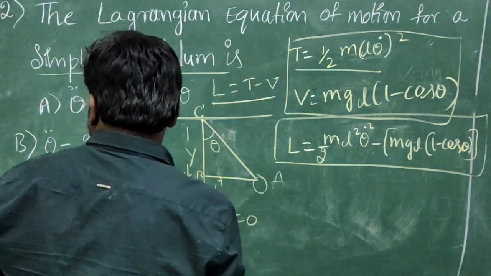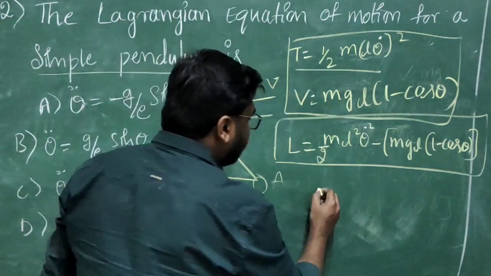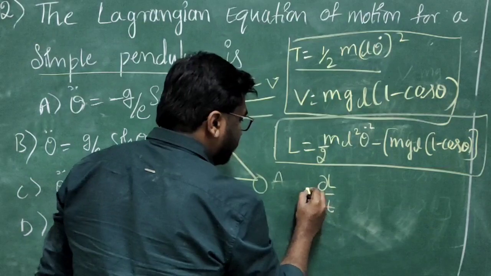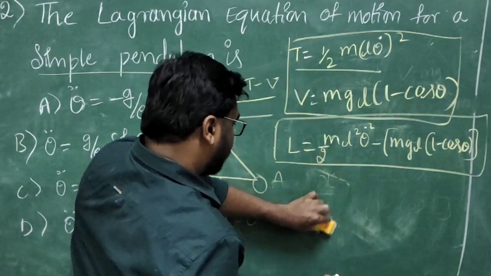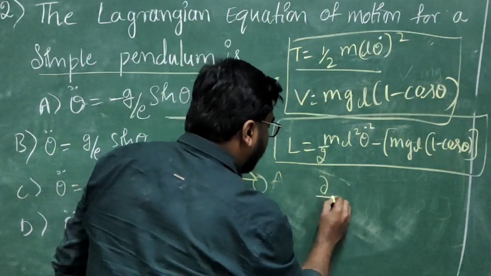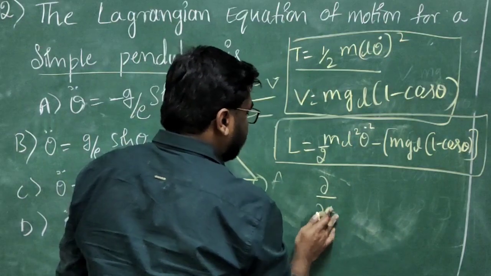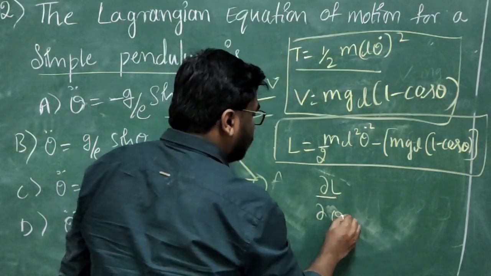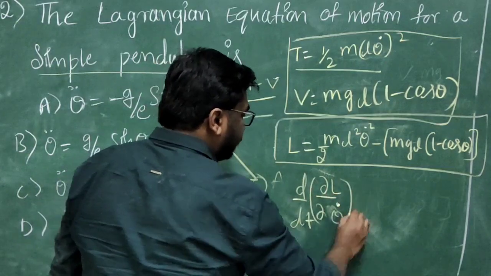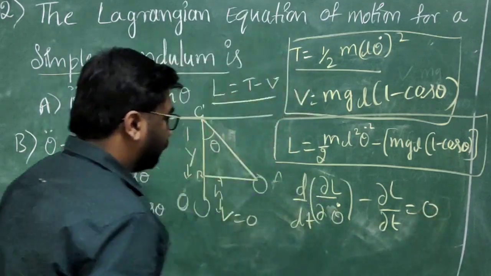Now let us find the equation of motion for this Lagrangian. That is d by dt of dou L by dou theta dot minus dou L by dou theta, which is equal to 0.